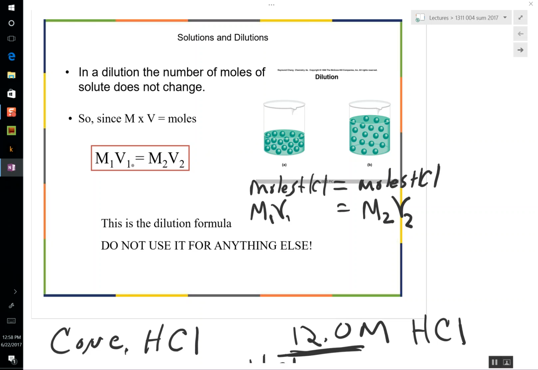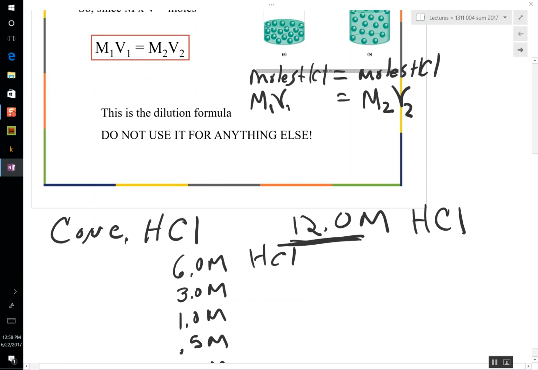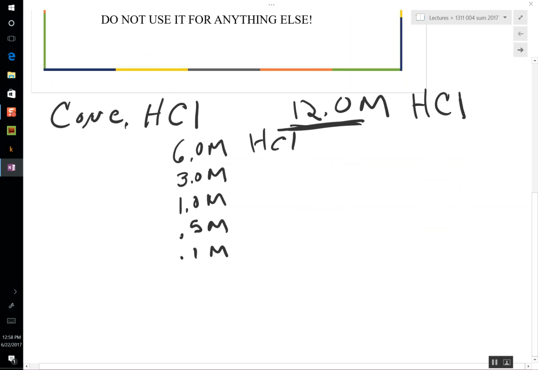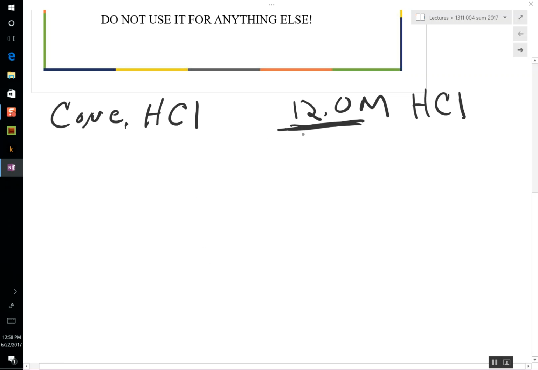All right, this may still seem a little abstract until you look at it. So let's say we have 12 molar concentrated hydrochloric acid, and here's our practical problem.